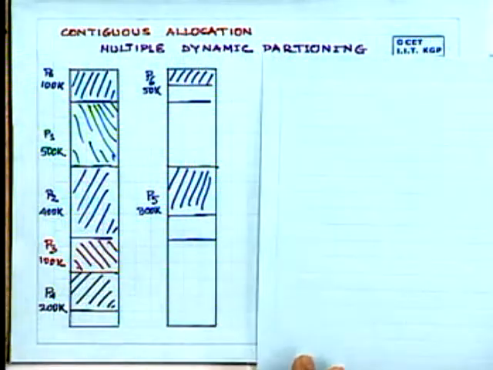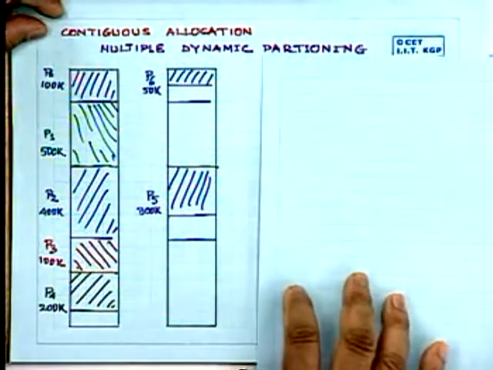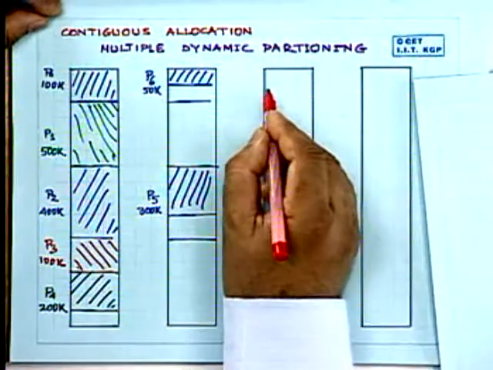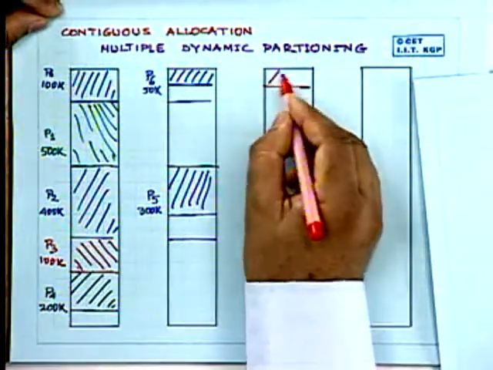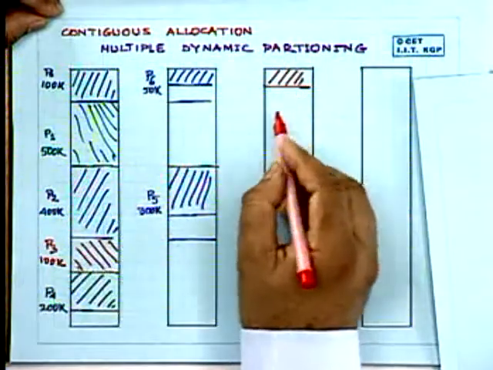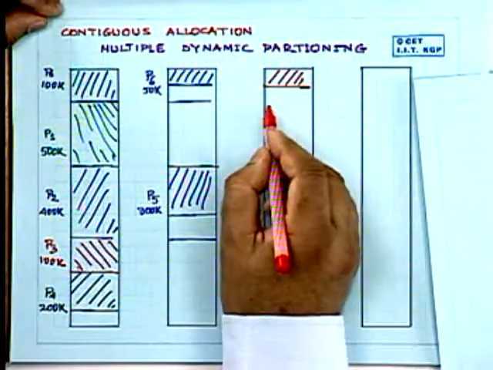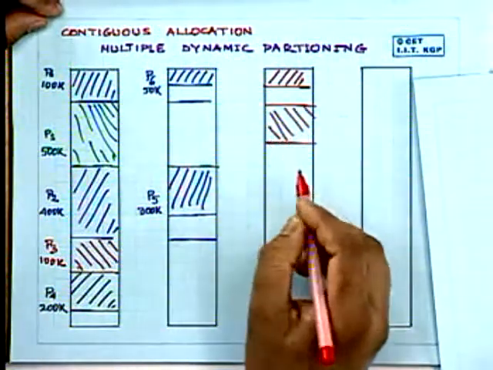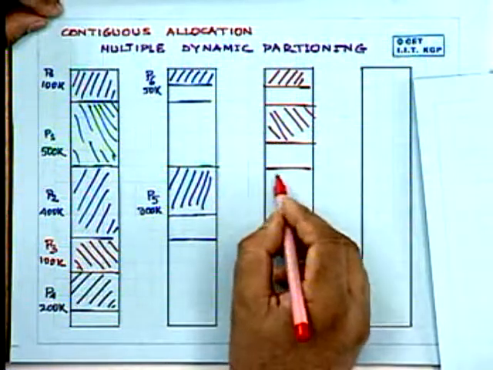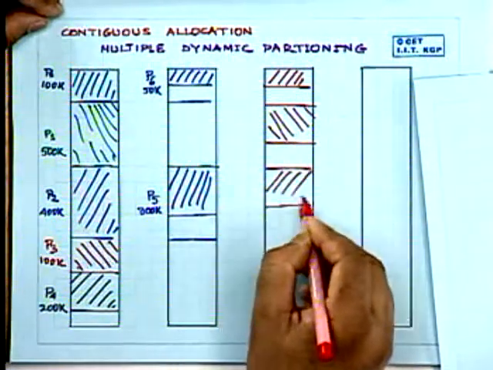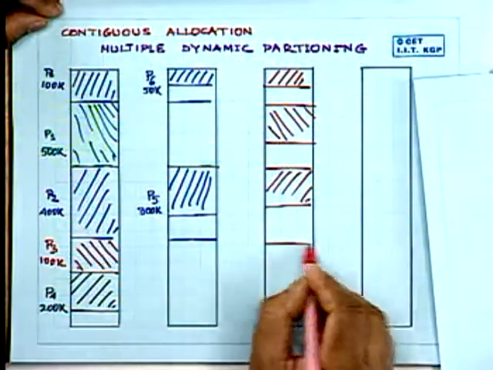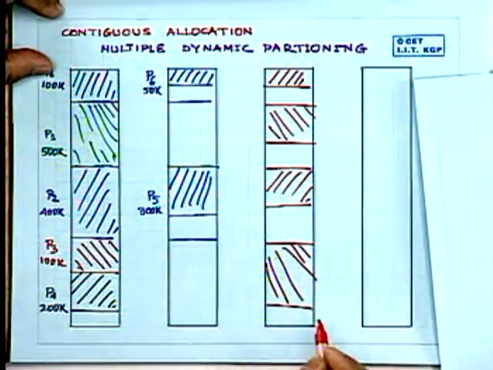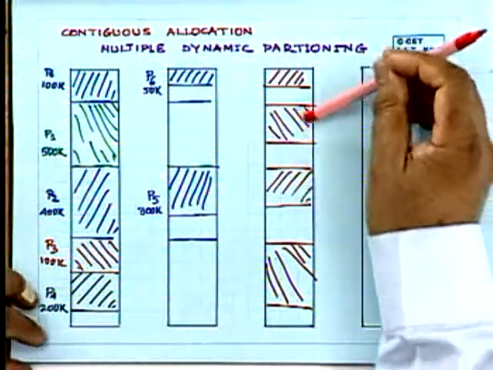It may so happen that the situation is like this: say this is a program space, this is another program space, say this is another program space, and here are the holes that have been generated.